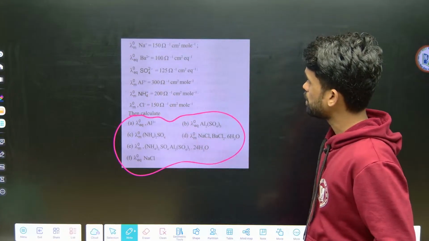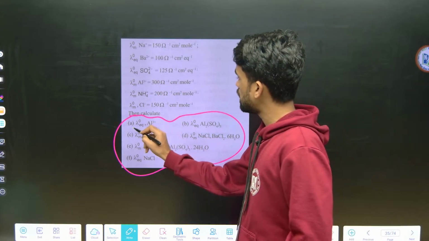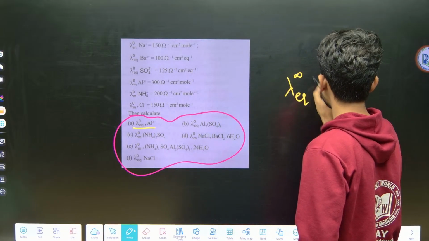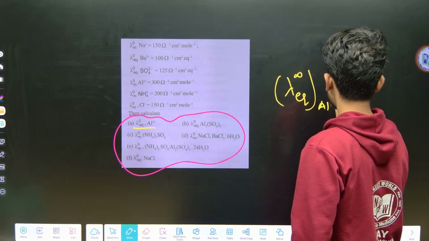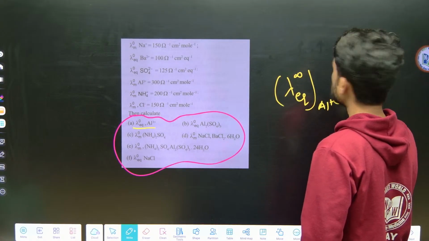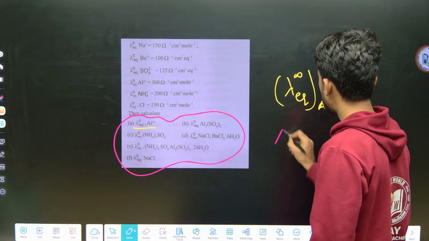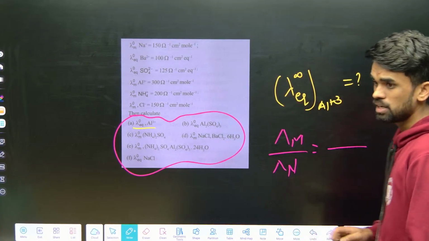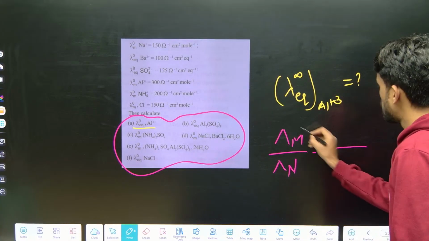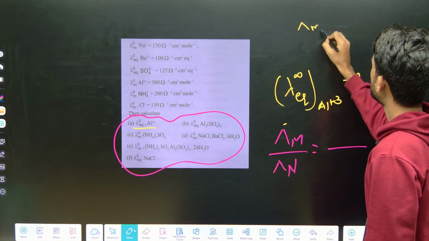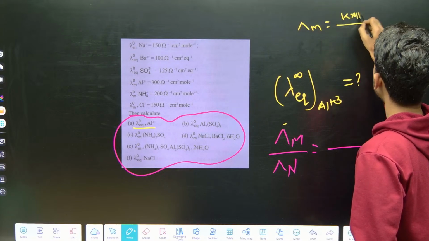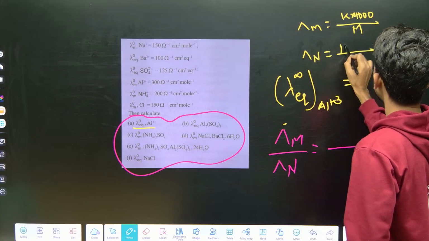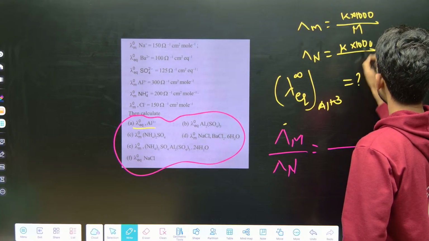How do you calculate? Tell me. They are asking about the equivalent conductance of the aluminium ion. How do you get this? We need to know the relation between del M and del N, which we did yesterday. Del M is K into 1000 by molarity, and del N is K into 1000 by normality.